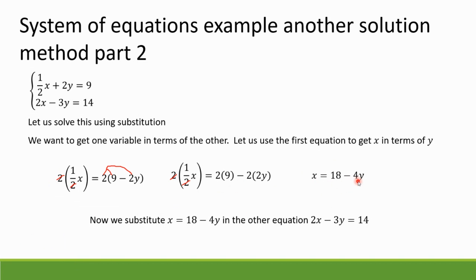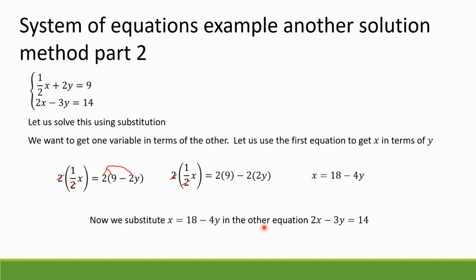Okay. So now we know what x is in terms of y. Good. What do we do now? Well, as I have written here, we substitute it into the other equation. You don't want to substitute back into the first equation. That's not going to help you. You want to substitute into the other equation.